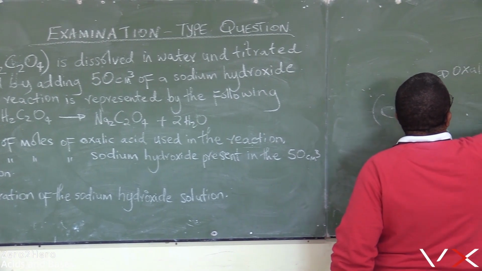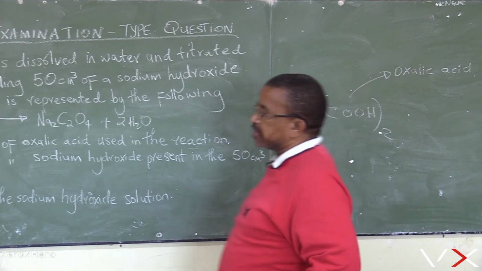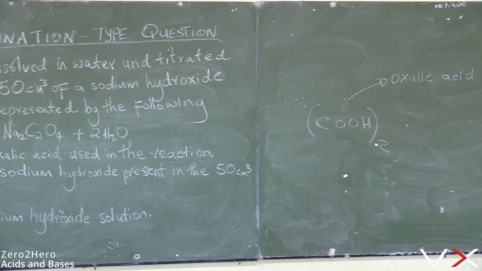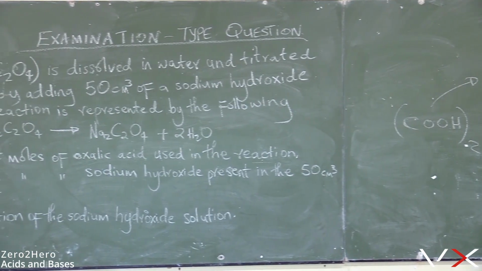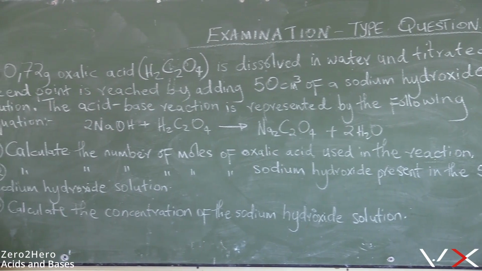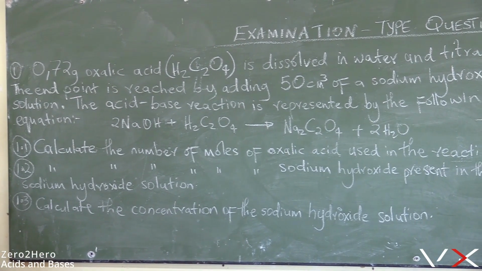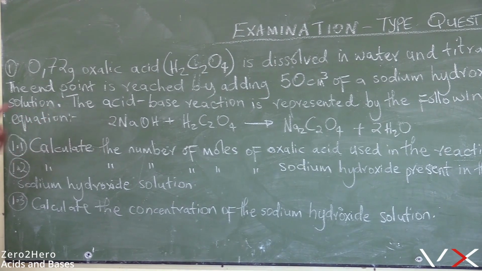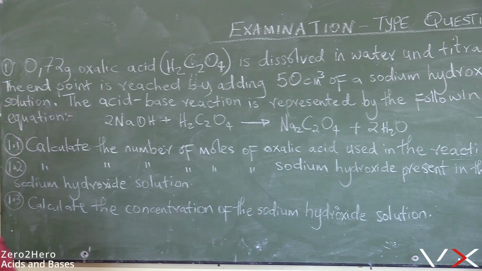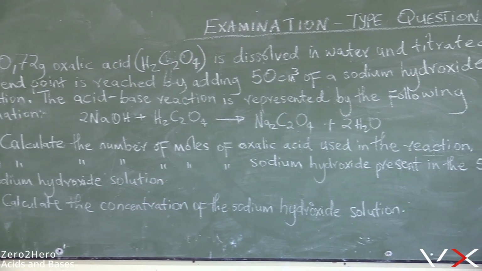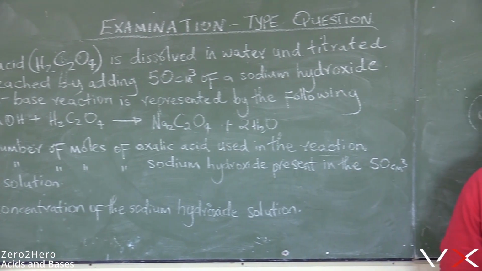Now here they take 0.72 grams of oxalic acid. If you take 0.72 grams of oxalic acid and dissolve it in water and titrate it, which means in water bafake oxalic acid and then basically titrate.